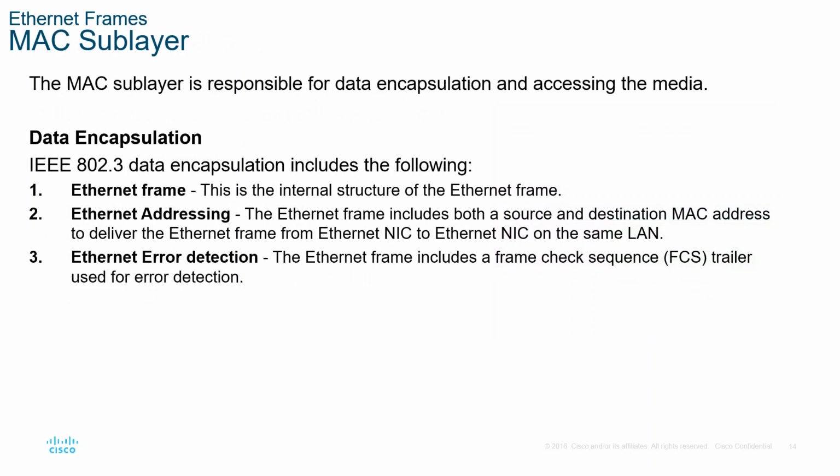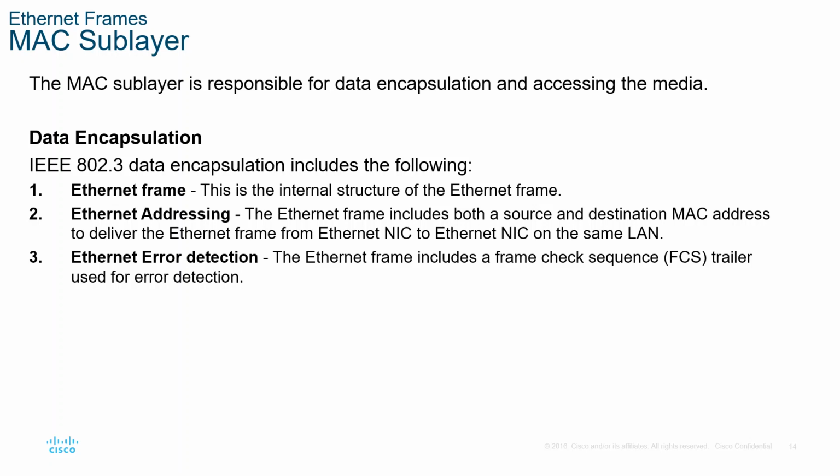So the MAC sublayer is responsible for data encapsulation and accessing the media. Basically, there are three data encapsulation functions. First is the Ethernet frame, which is the internal structure of the Ethernet frame.